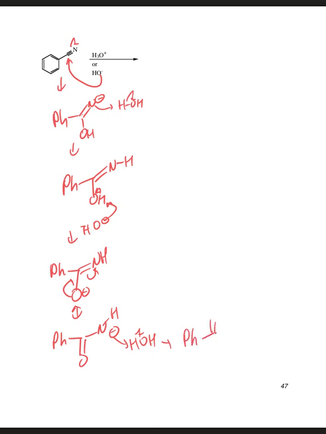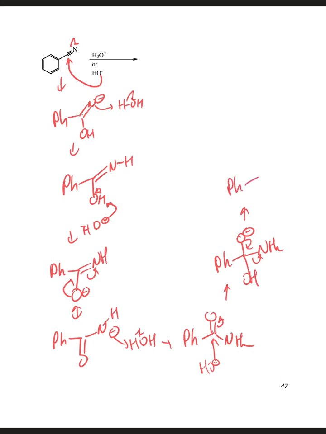Make the neutral amide, excuse me. Then we can add hydroxide in, break the carbonyl, reform, kicking out the NH2 minus, which gives us the acid, and an NH2 minus, which is a strong base, which is going to grab the extra hydrogen.